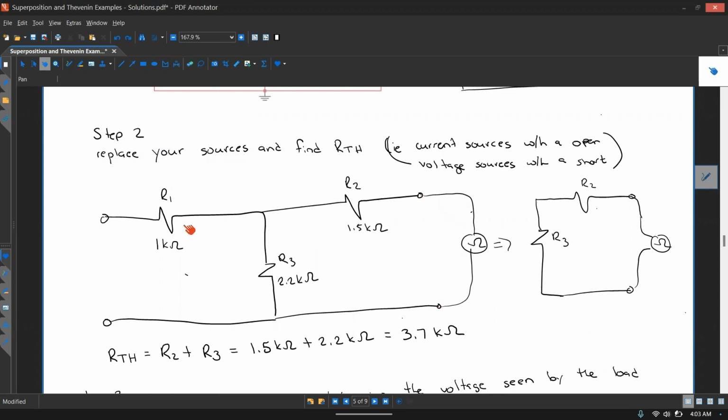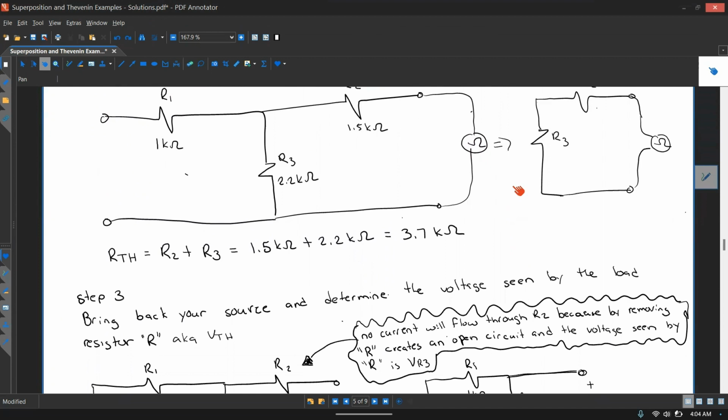If you have a resistor that's leading out to an open, just like R1 is doing, this ohm meter is not going to see this resistor because it's not connected to the circuit.